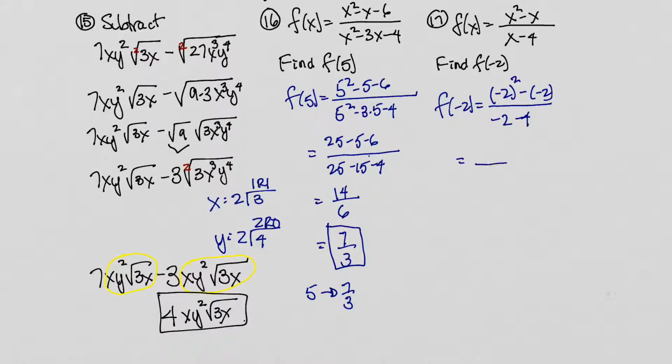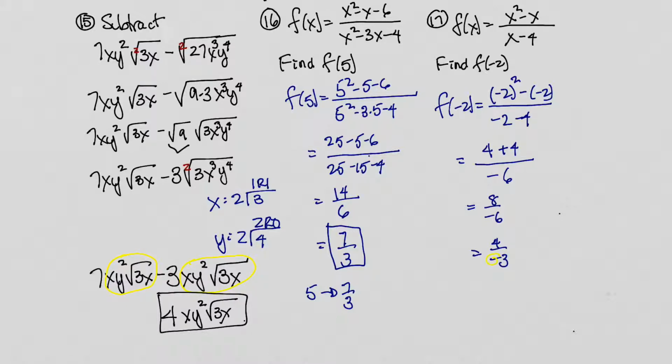Now -2 squared is 4. And minus -2 is 4. Down here we're going to get a -6. So it looks like we're looking at 8 over -6. I can divide each of those by 2. How about if we get 4 over -3? But I'm never going to write this negative sign on denominators.